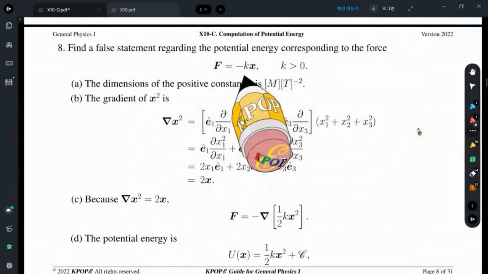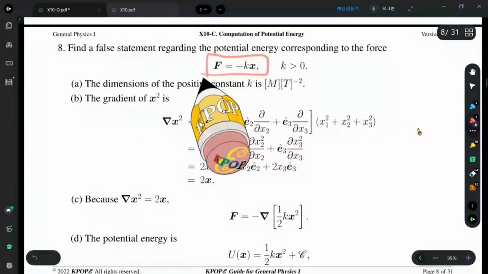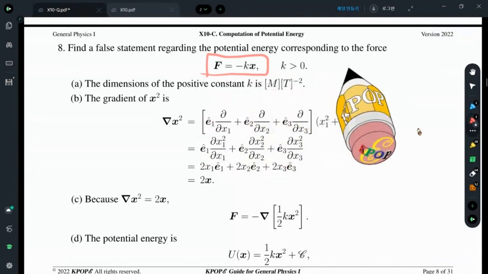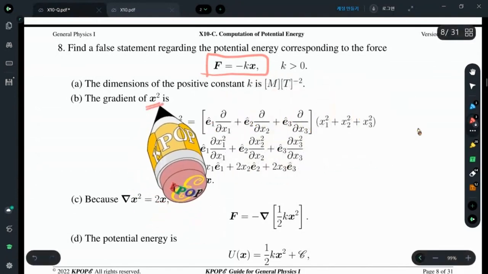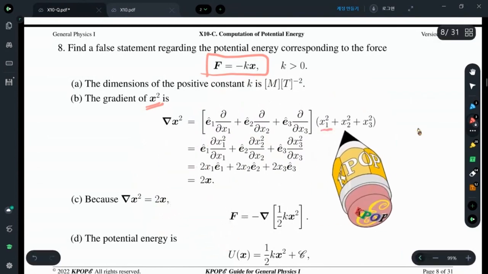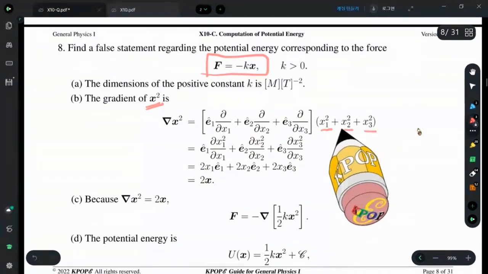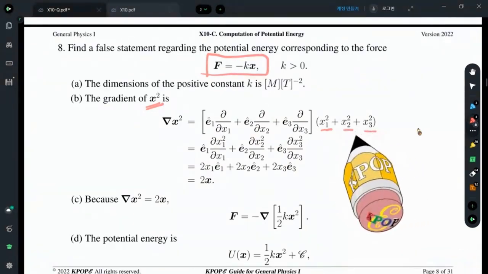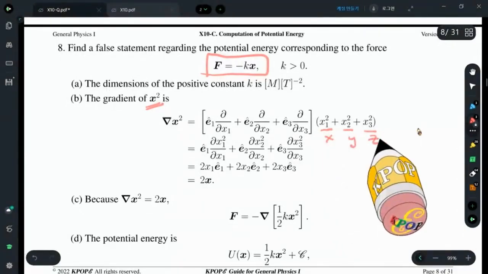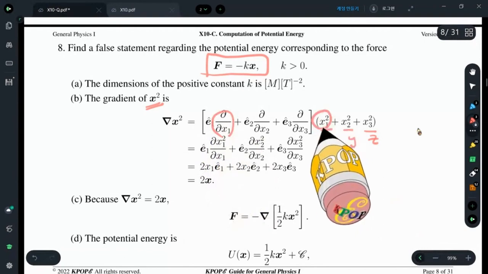Now we apply the method to compute the potential energy for the restoring force, satisfying Hooke's law. This is a scalar. X squared is x1 squared plus x2 squared plus x3 squared. Anyway, this one gives the first term.